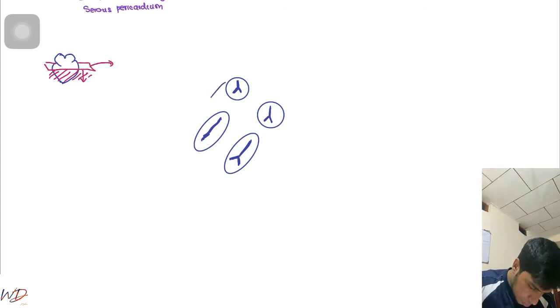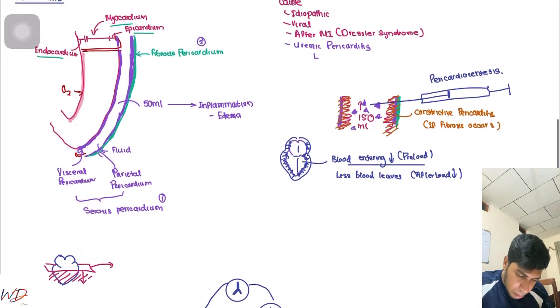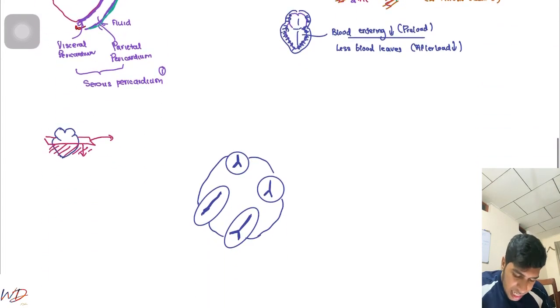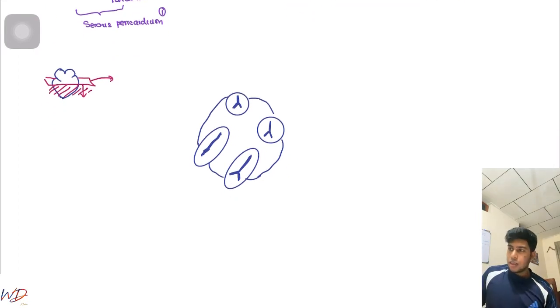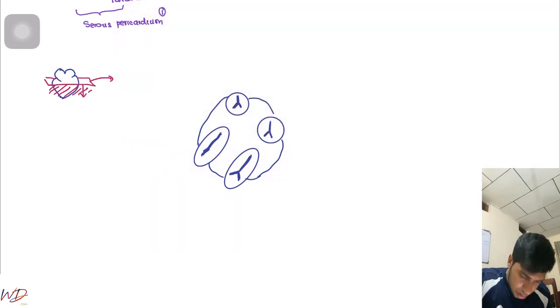Now, why did I draw this? First of all, the reason I drew this is because we are going to go into a bit of detail about the cardiac conduction system. Before that, you need to know that there is a fibrous skeleton in this region.